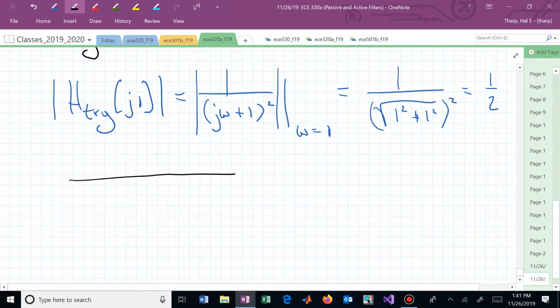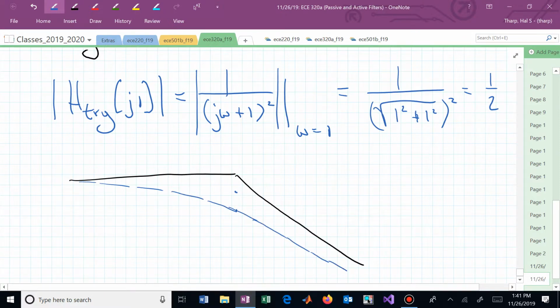Our straight line plot is okay, but now instead of being at minus 3 dB, we're down at minus 6 dB, so my actual curve is more like that, and my 3 dB frequency, instead of being here at omega equal to 1, is less. This is now my dilemma.